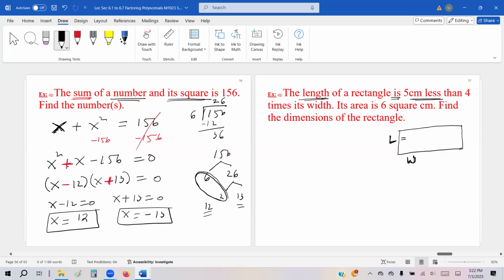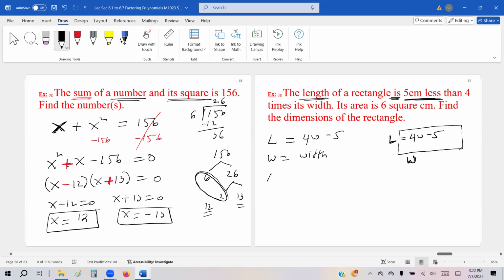Is it 5 minus or minus 5? 5 less means minus 5, not 5 minus. So length is 4W minus 5, and W is the width.